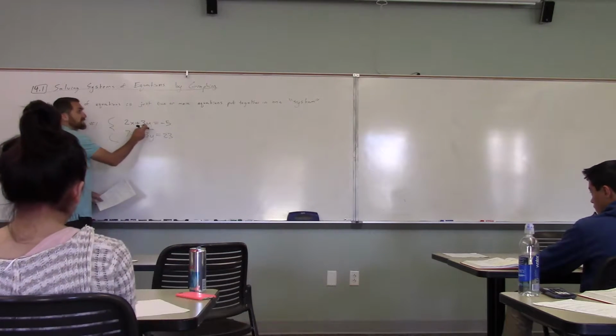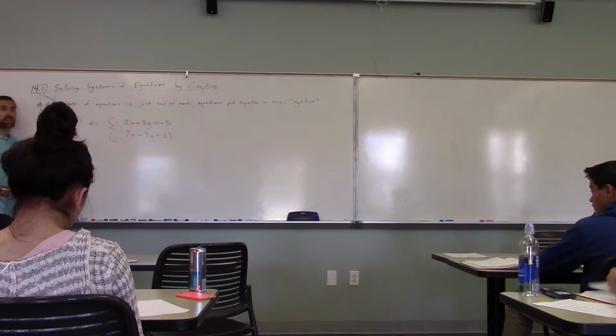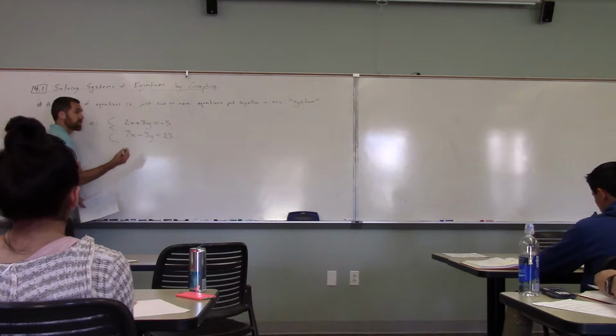So there are x's and y's here. So my solution has to be a point because I have to plug a number in for x and plug a number in for y.